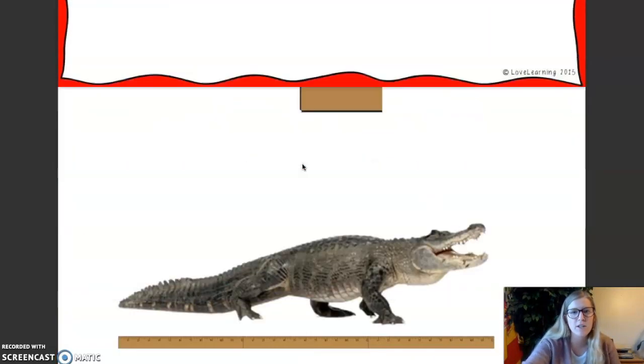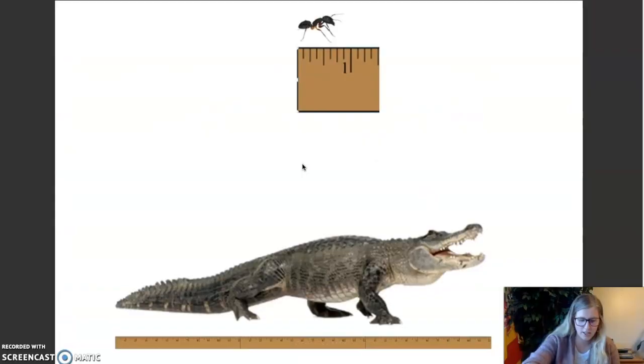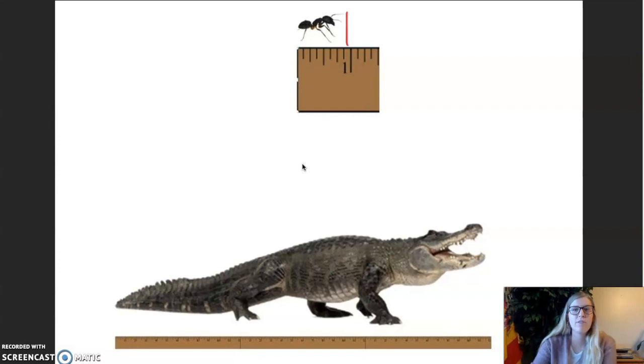So let's practice measuring. I have an ant here, and I need to measure it. So I'm going to find its nearest mark, like that, to find out where I need to measure that guy at. That looks like I made the line a little bit to the side of the ant, so I'm going to go back to that next line. So it's not a full 1 inch. I'm going to say that it probably is a little bit less than that 1 inch.